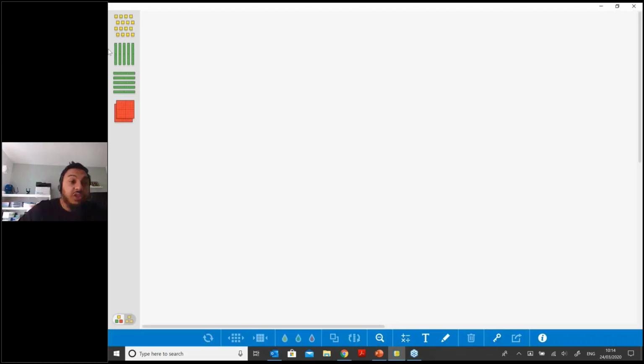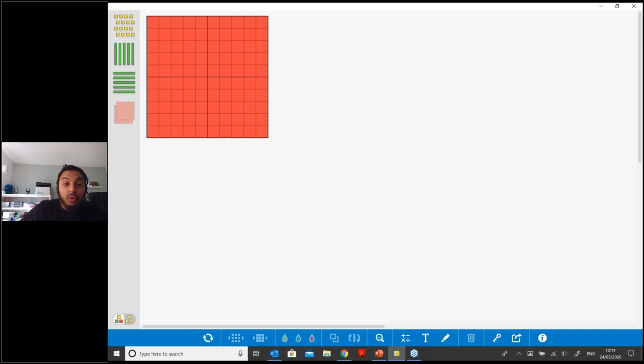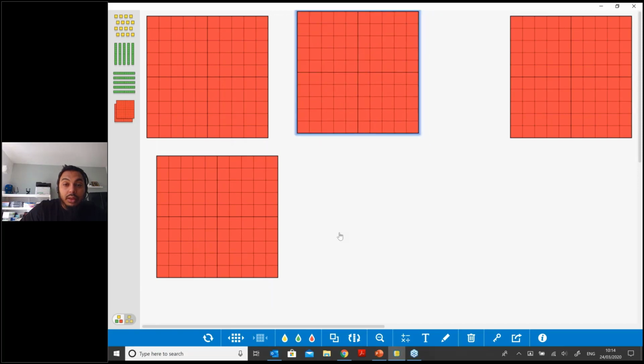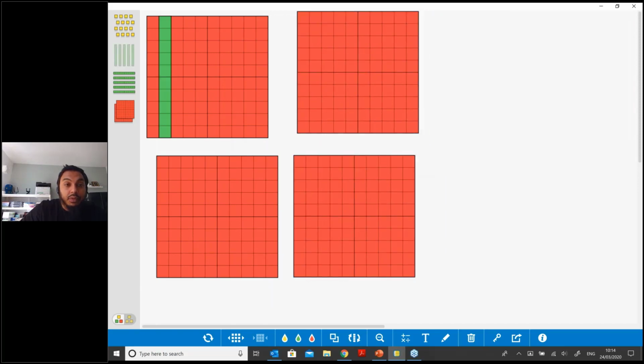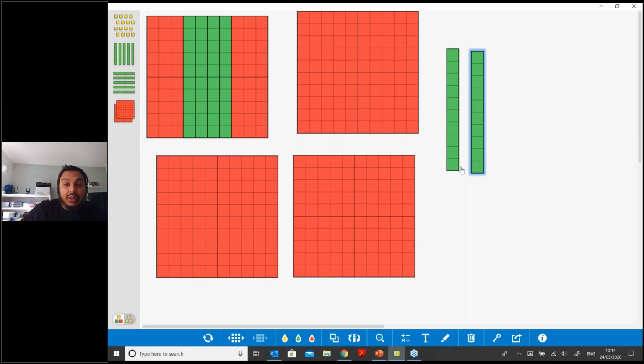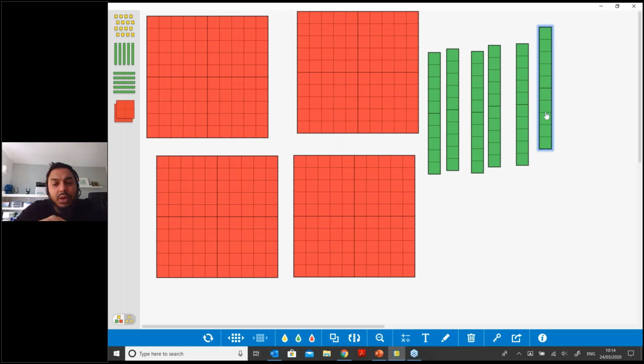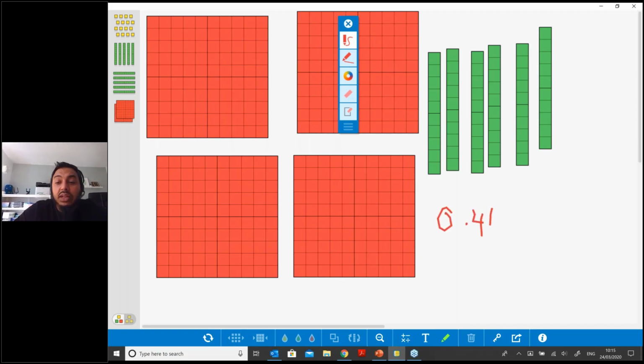If I have 4 tenths and 6 hundredths, all of this here, what is this again? 0.46, right? And I divide 0.46 by 2, okay?